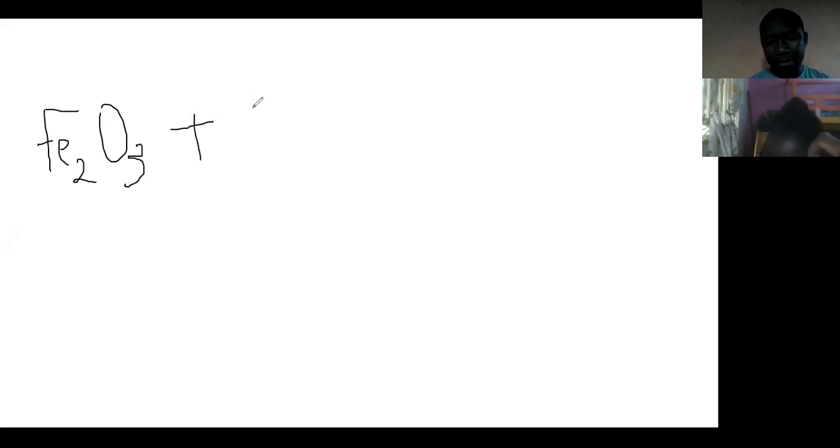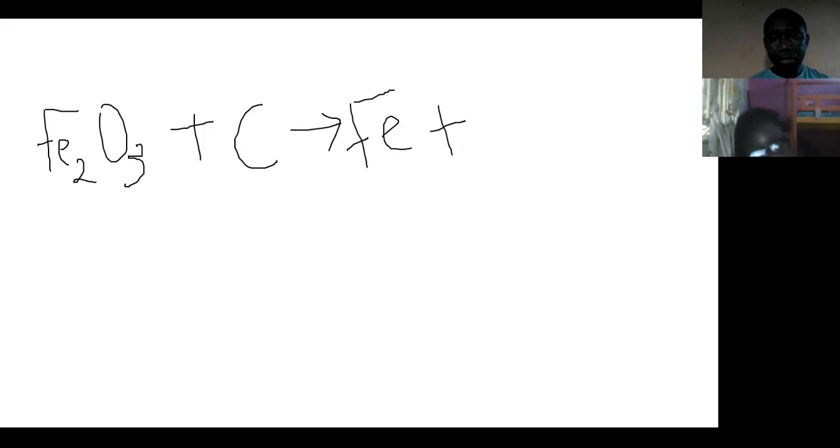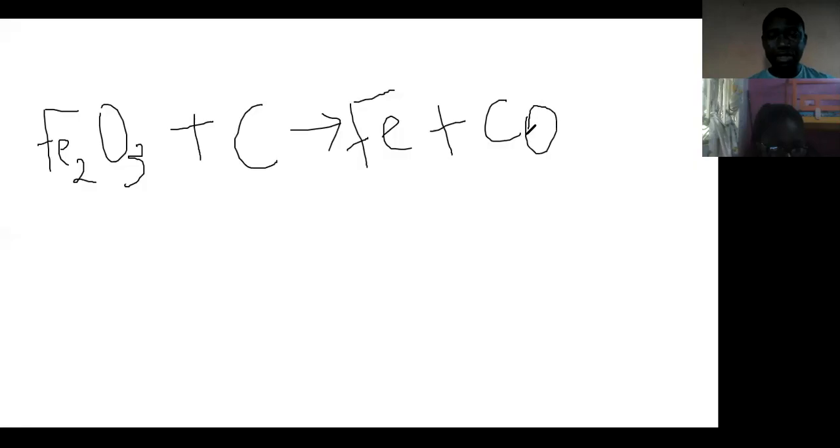Fe2O3 plus carbon is going to give us iron and carbon 2 oxide. So let's balance the equation.